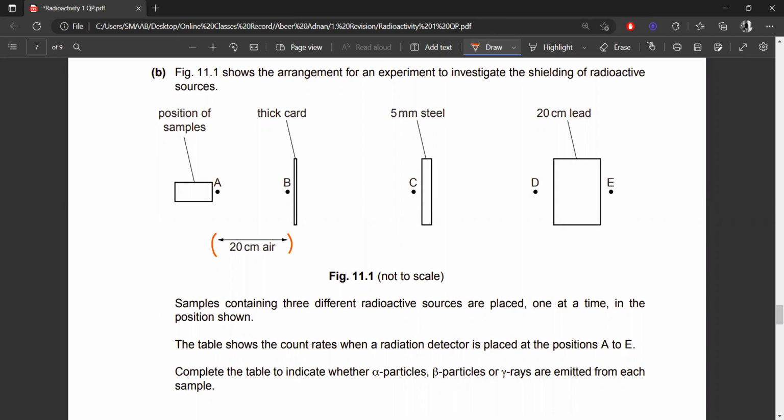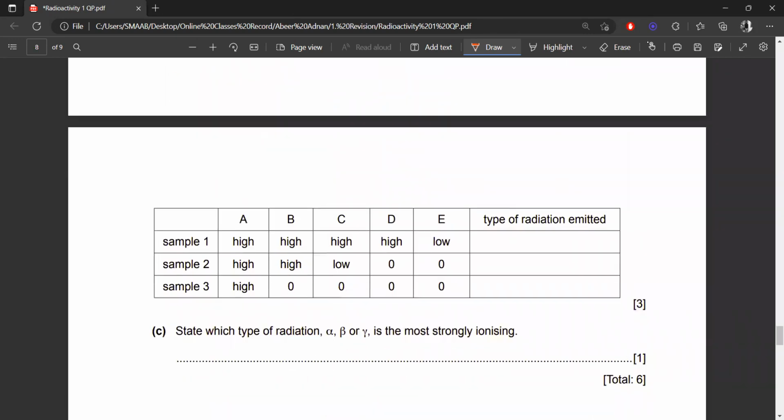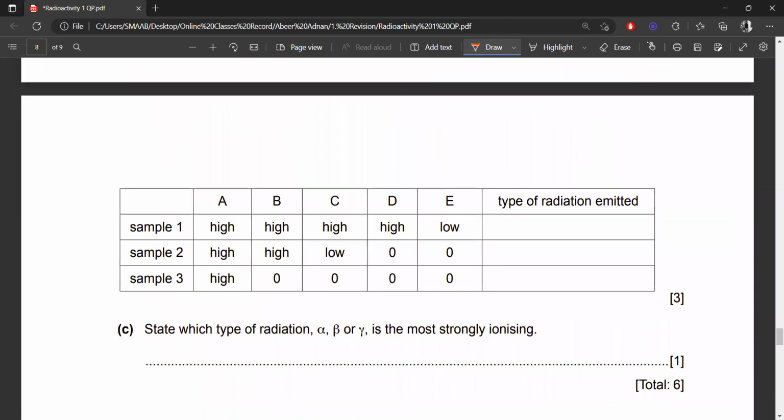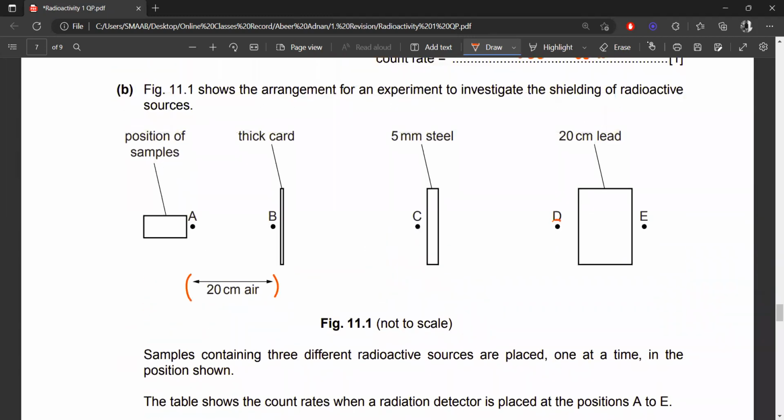The table shows whether alpha, beta, gamma are emitted from each. So there are different positions and we need to identify according to this table. If we talk about sample A, it is detected at A, B, C, D. Okay, so D is this one.